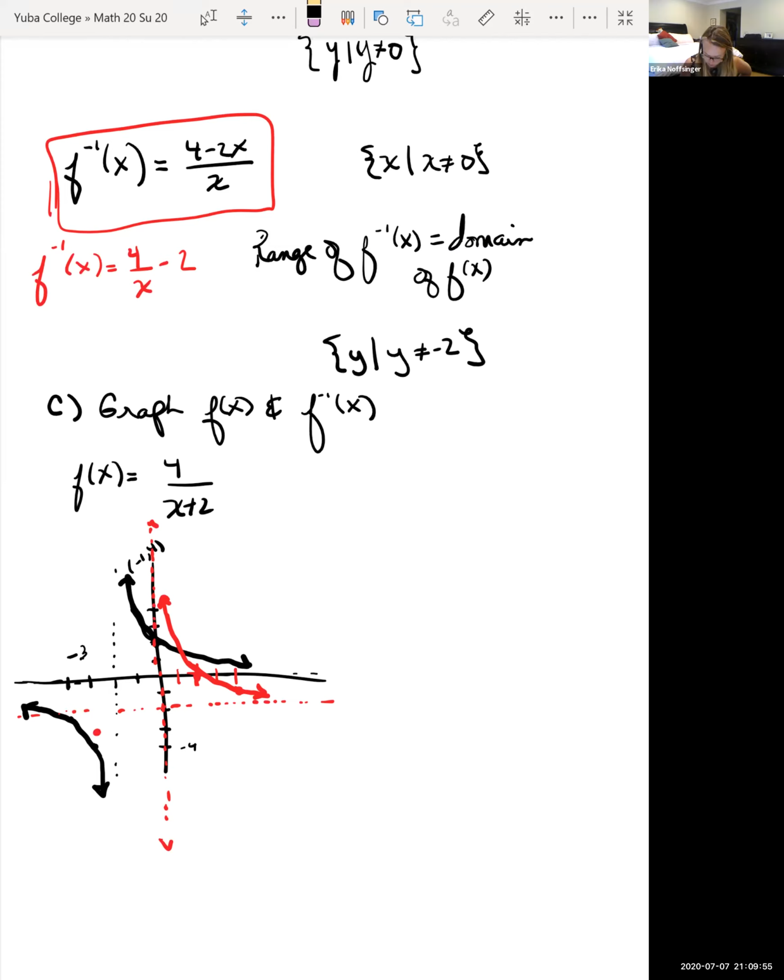Oops, that's wrong. (-4, -3). And this point here was (-4, -2). And so that's (-2, -4). And so it looks like this.